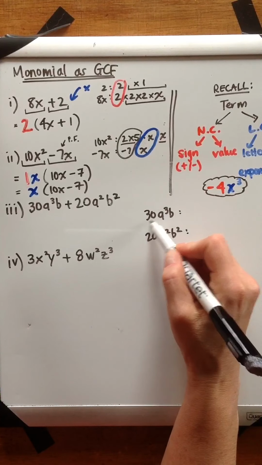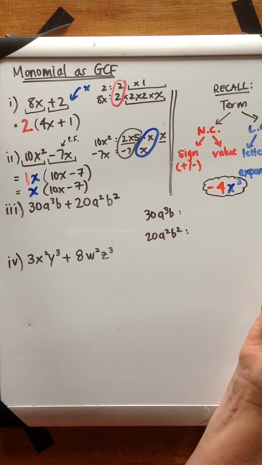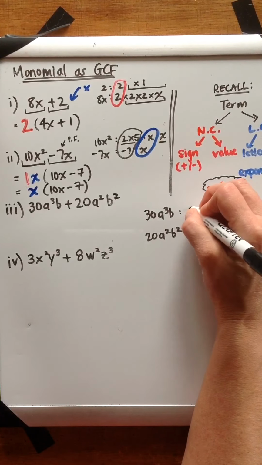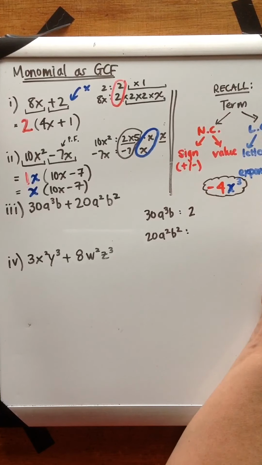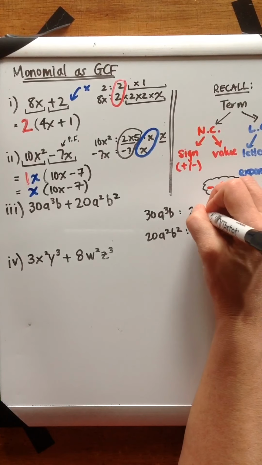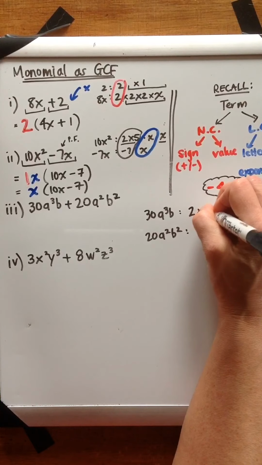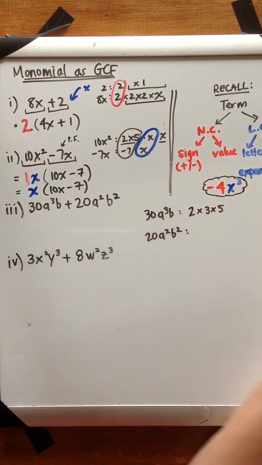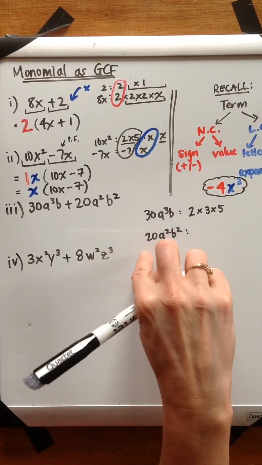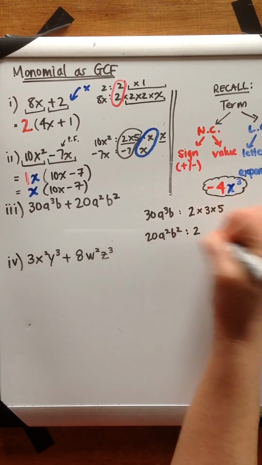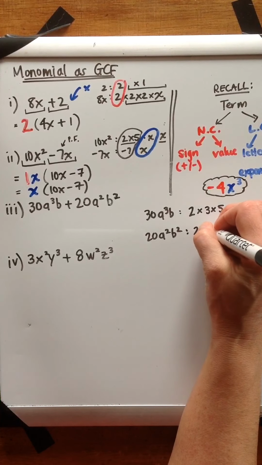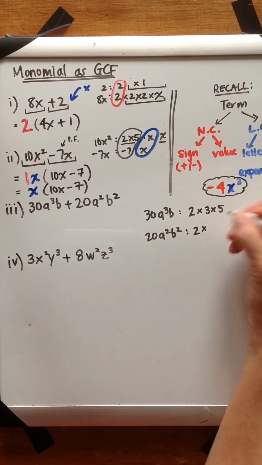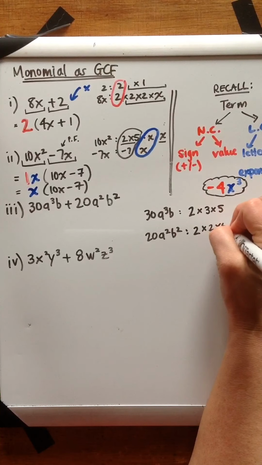So what can you break 30 down to numerically? Well, half of it would leave me with 15. And 15 can also be broken down into the prime factors of 3 and 5. 20 has a prime factor of 2, which is great, and that leaves me with 10. 10 can be broken down into 2 times 5.